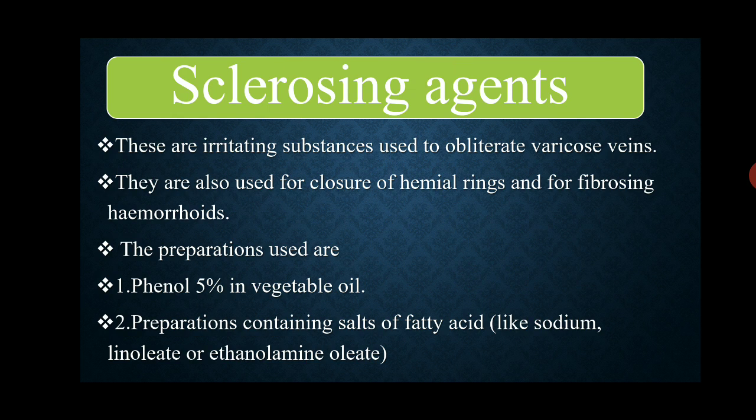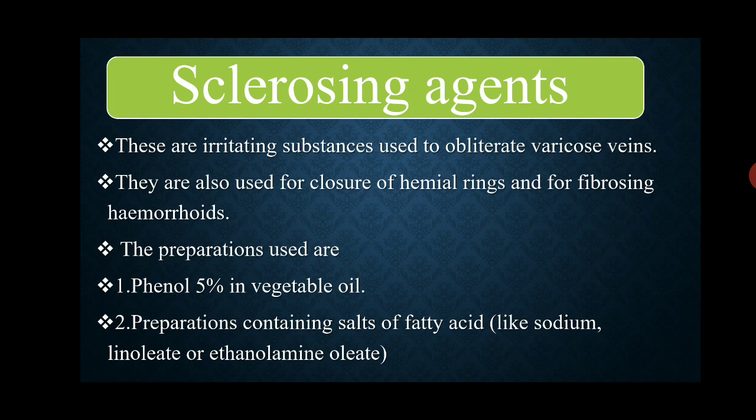Then sclerosing agents. These sclerosing agents are irritating substances used to obliterate varicose veins. They are also used for closure of hernial rings and for fibrosing hemorrhoids, and the preparations used are phenol 5% in vegetable oil, and a second preparation containing salts of fatty acids like sodium linoleate or ethanolamine oleate.